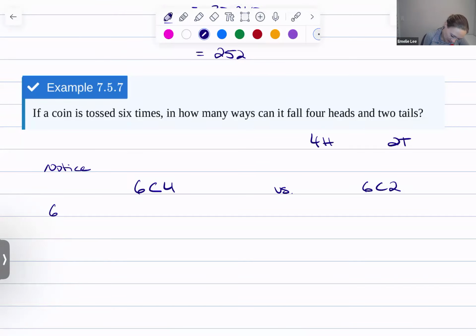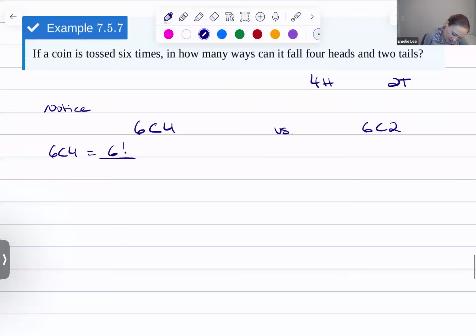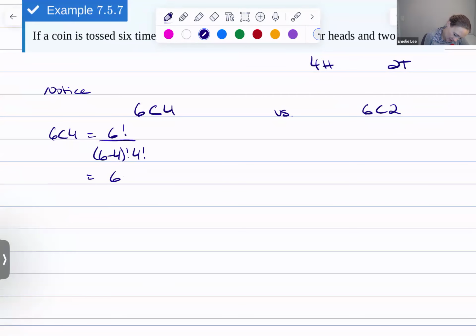Okay. So 6 choose 4 is going to be 6 factorial divided by 6 minus 4 factorial times 4 factorial, which is 6 times 5 times 4 factorial, divided by 2 factorial, 4 factorial. Oh, cancel those guys.